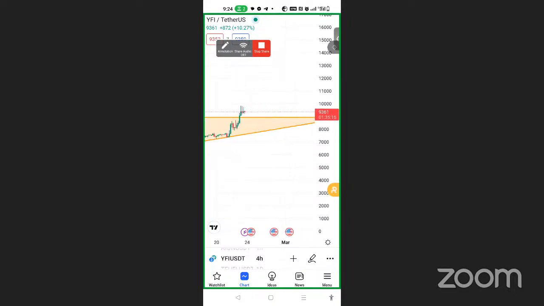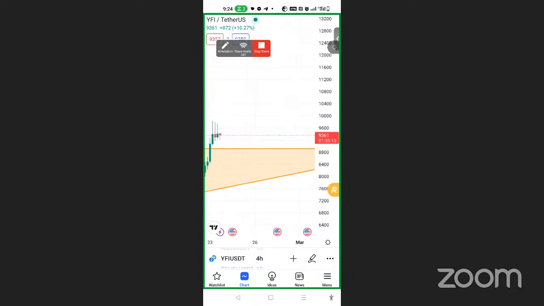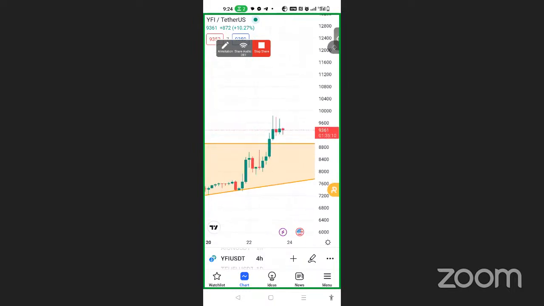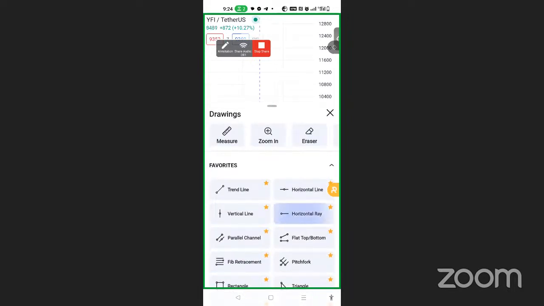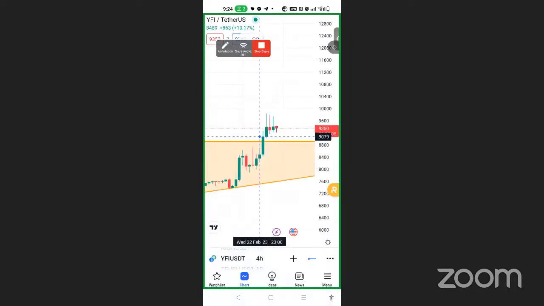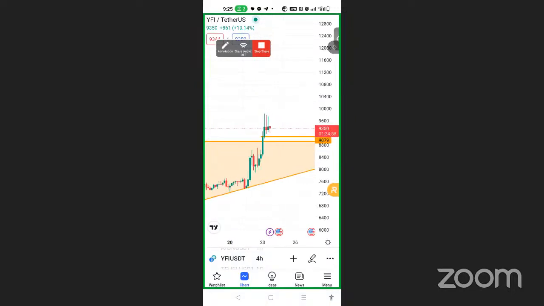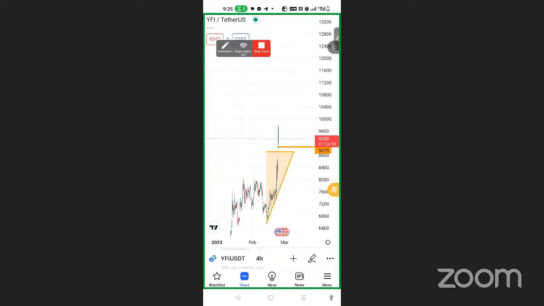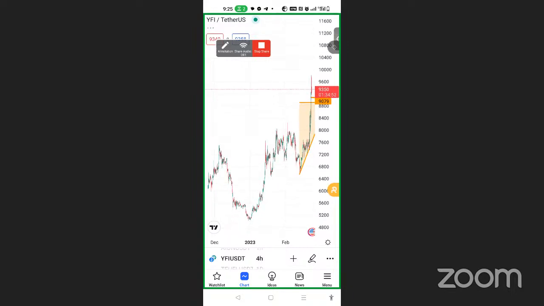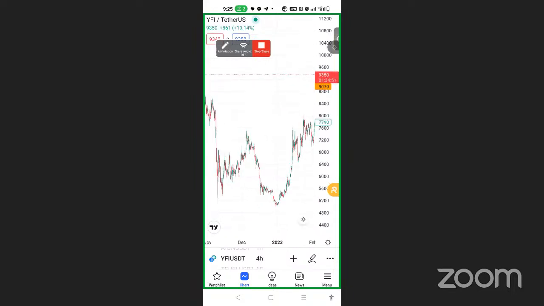So if I draw my parallel channel here and I wait for a green candle to close, where the green candle closes, I pick my horizontal line, make sure I draw at the close of that green candle, and I look for the previous swing high. So I'll still go back a little bit. Now here it is 4 hours. Okay, very far.